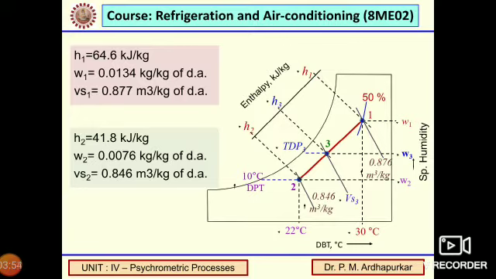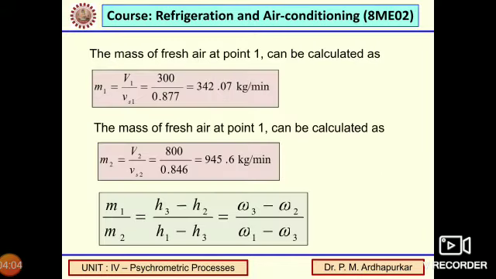Once you locate point 3, you can obtain the rest parameters. Now how to calculate specific humidity, enthalpy and dew point temperature for the mixture?